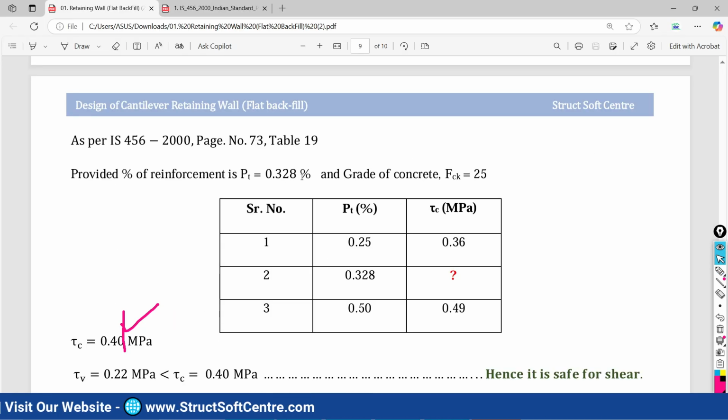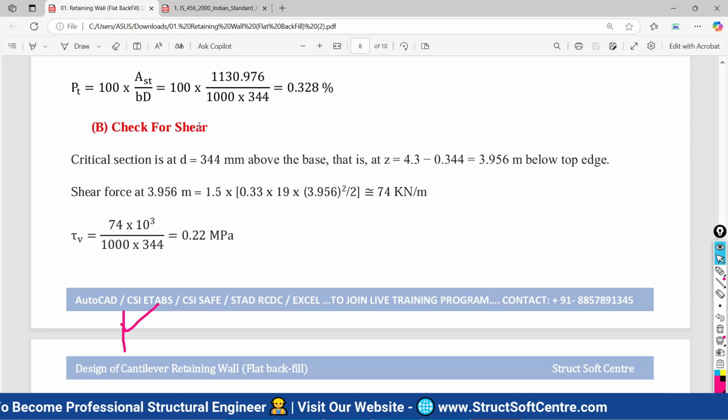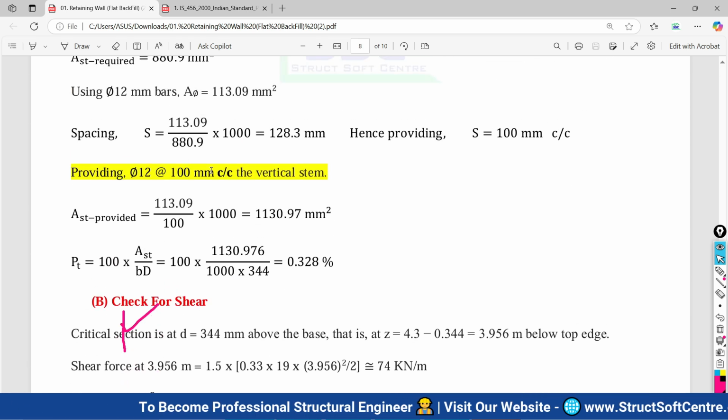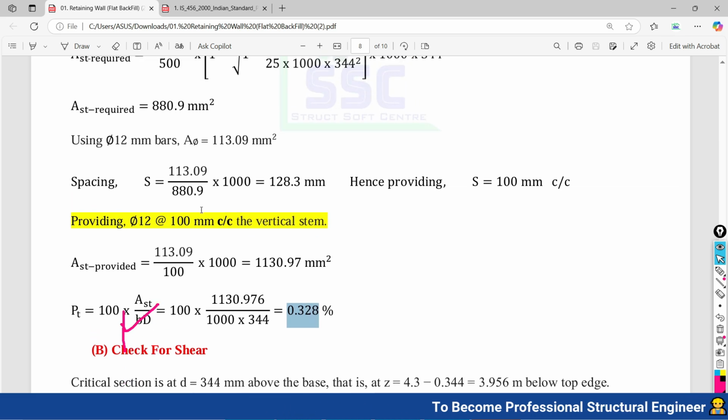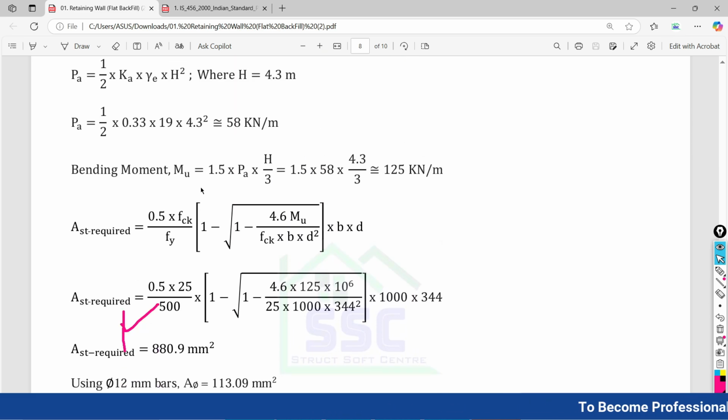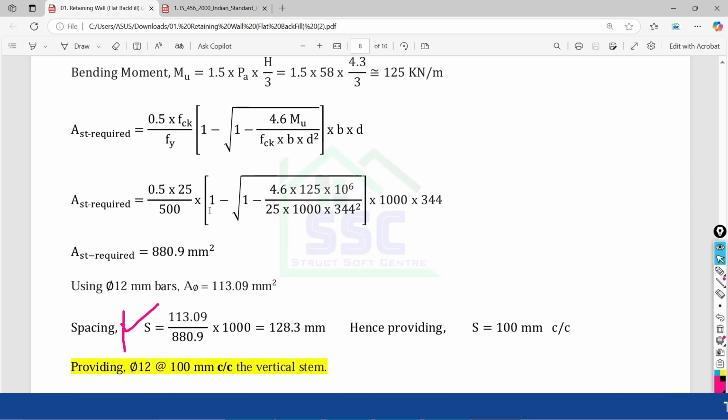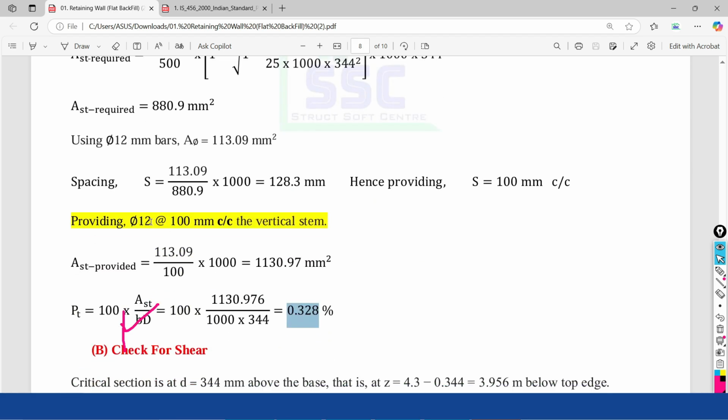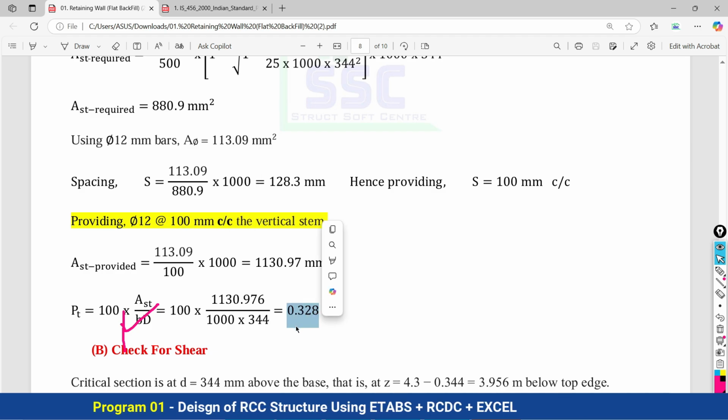So the percentage of reinforcement provided at that section is 0.328. We earlier calculated the total reinforcement provided in the vertical stem: 12 mm diameter bar at a spacing of 100 mm center to center. After calculating the percentage, we are getting 0.328.